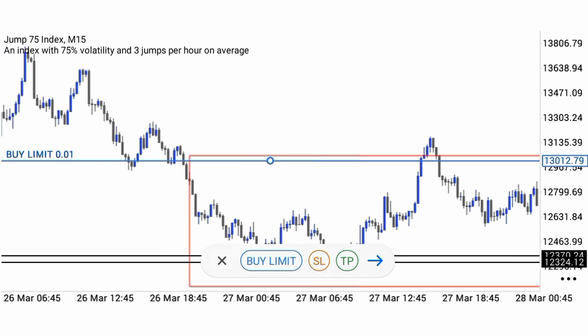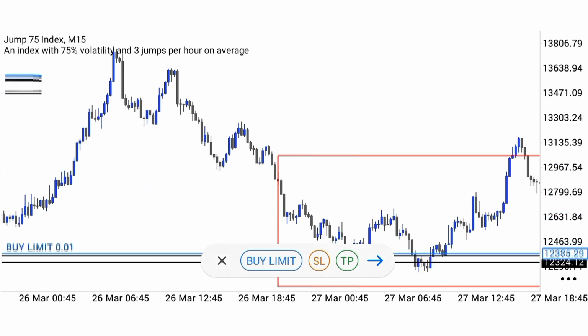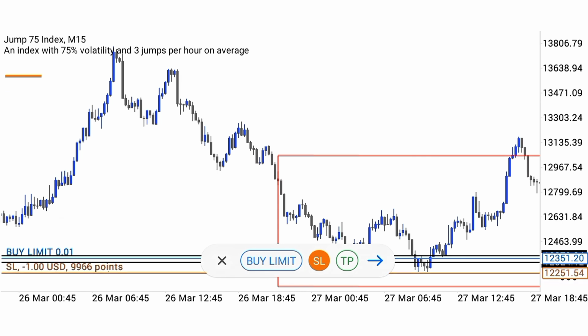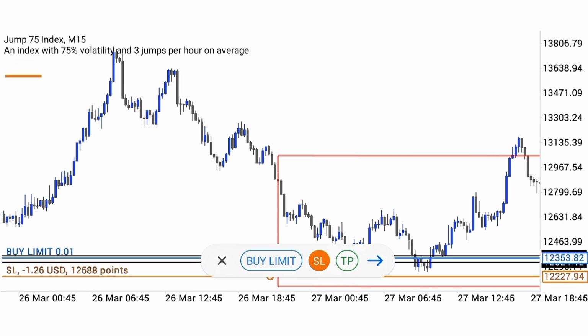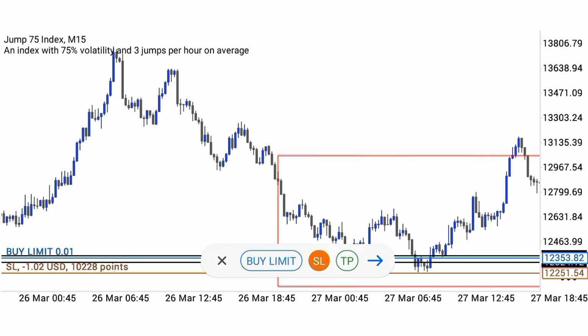Now, let me show you something very, very important here. So when you want to take your trade, look at this. You place your stop loss below the momentum candle. Let's imagine now you have a $1.02 risk.